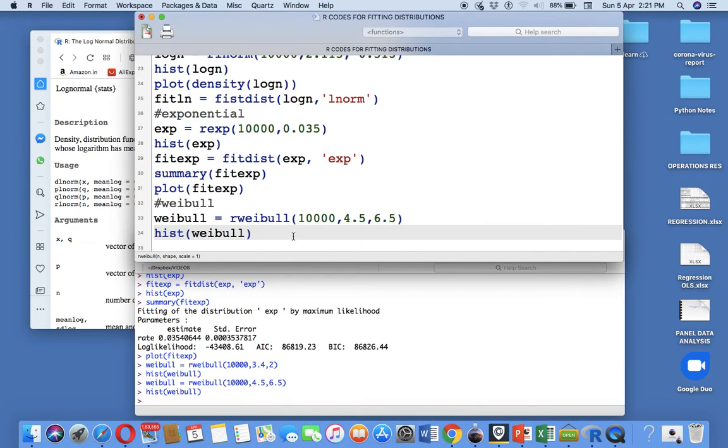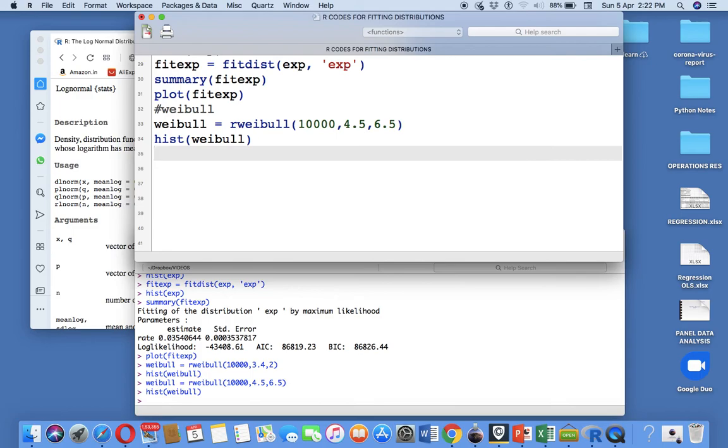So the Weibull distribution has also the problem of this thing. So now let us fit this data as Weibull. Then I have to specify what distribution I want.